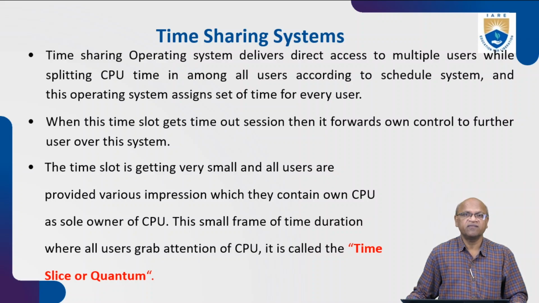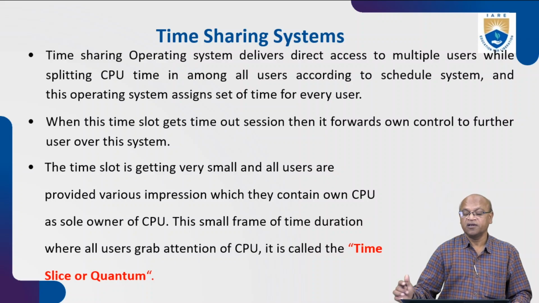Time slots are very small, and all users get the impression that they own the CPU as sole owner. This small time duration during which each user grabs the attention of the CPU is called the time slice or quantum.